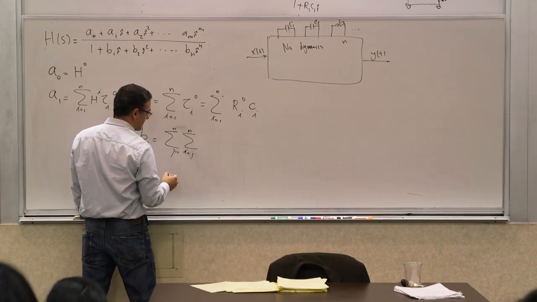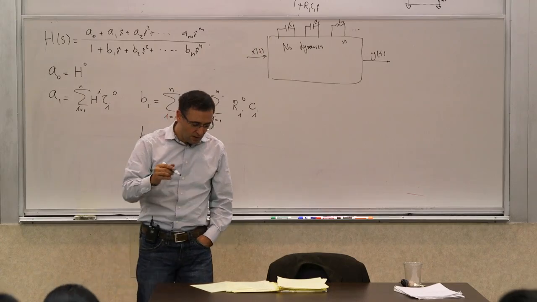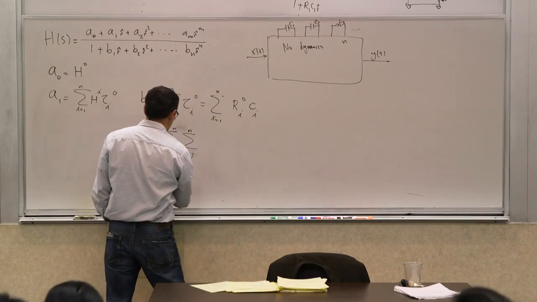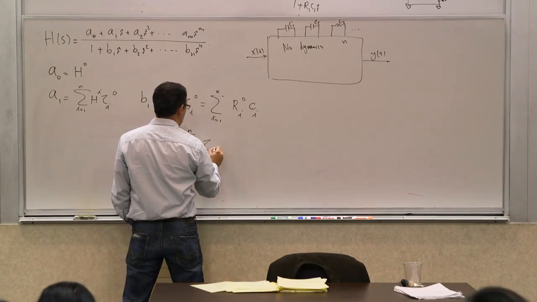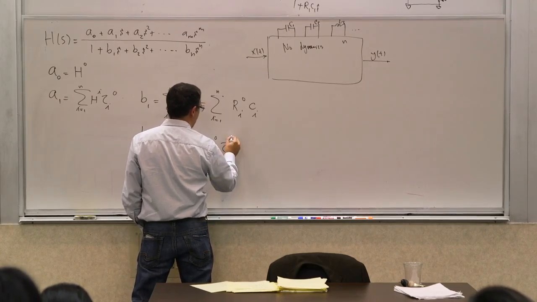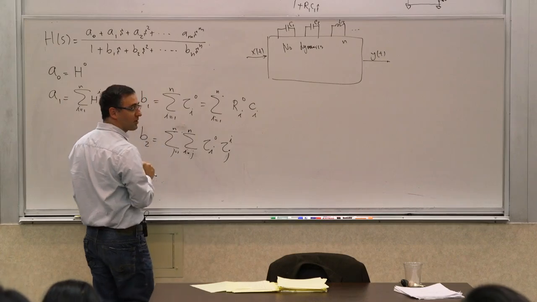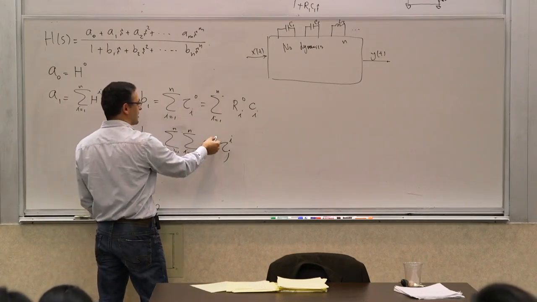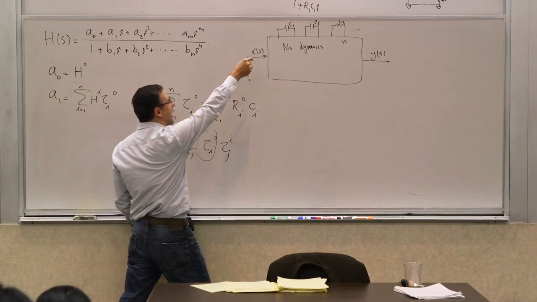There's another way of writing this, which is the sum over i and j of tau i0 tau ji. Now, this is a product of two time constants. This is the zero value time constant for the element i.